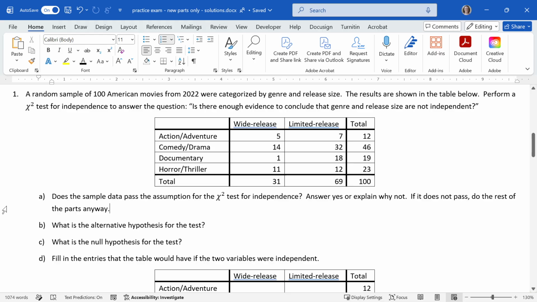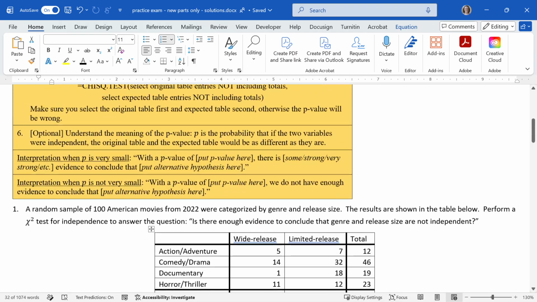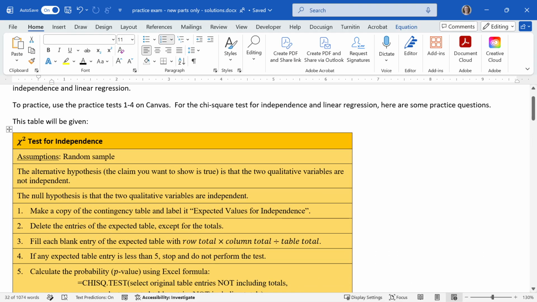All right, so does the sample data pass the assumption for the chi-squared test for independence? The only assumption that we check ourselves is that it's a random sample. There's another kind of hidden assumption down here. The check that you do at step 4 is about making sure that the thing that is supposed to have a chi-squared distribution would actually have one close enough, and that is the sum of squared errors that Excel calculates in the background for us.